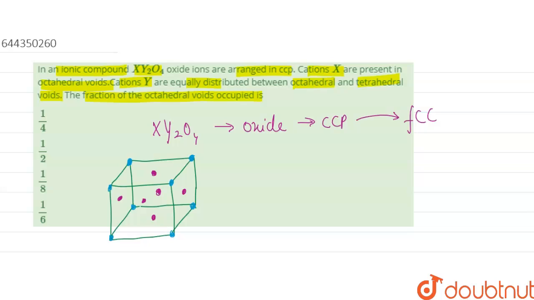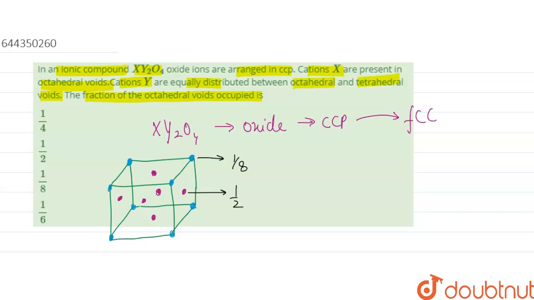Now what happens in FCC? The atoms are present at the corners as well as the face centers. We know there are 8 corners of the cube and 6 faces of the cube. The contribution of the particles present at the corners is 1 by 8, and the contribution of the particles present at the face is 1 by 2.